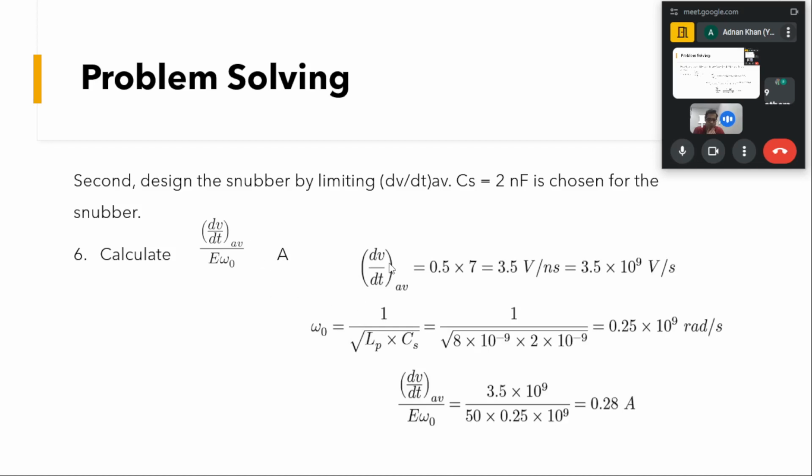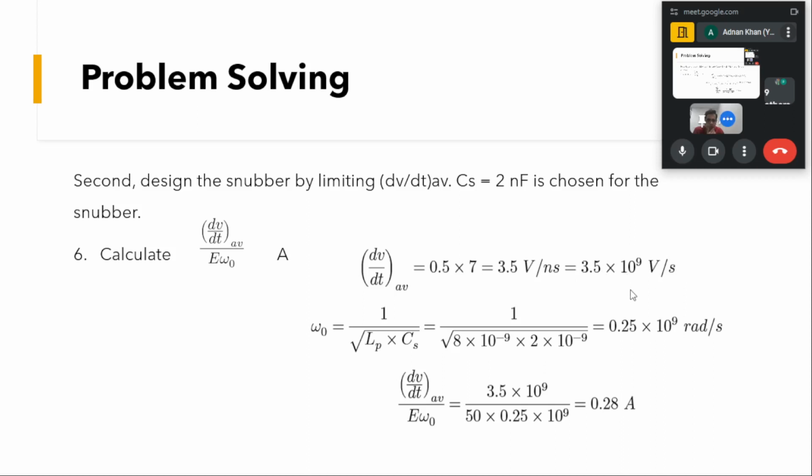First we will calculate the limiting dV by dt. What has been given in the question is that we have to limit the dV by dt to half of what is given in the data sheet. In the data sheet it is given as around 7 volt per nanosecond, and half of that is 0.5 into 7, that is 3.5 volt per nanosecond.